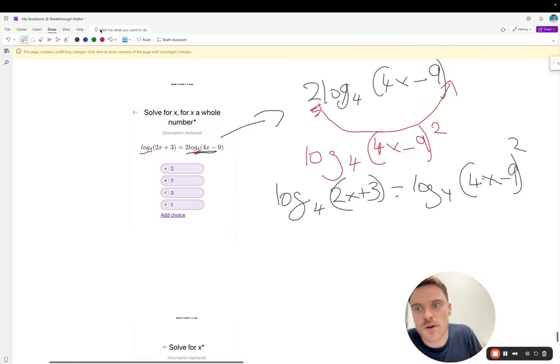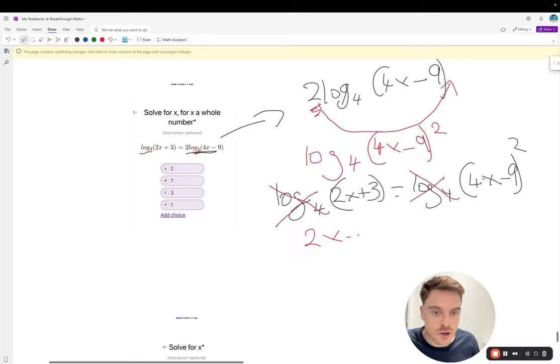And this is where the magic kicks in. You're going to get rid of your logs. That's log 4 and that's log 4. So you can just say now that 2x plus 3 is equal to (4x minus 9) all squared.